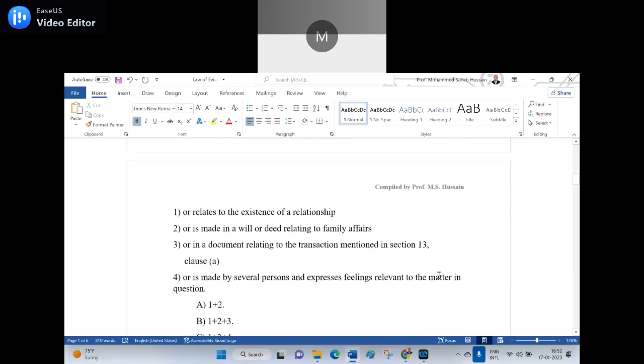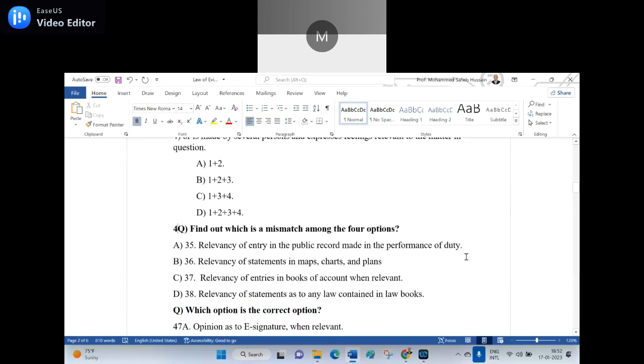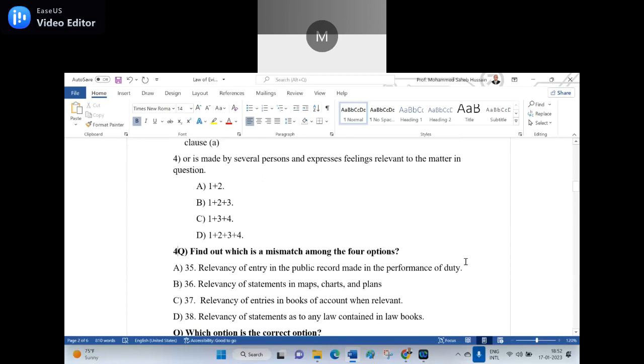That is the fourth question. Find out which is a mismatch among the four options. A. Section 35. Relevancy of entry in public record made in the performance of duty. B. Section 36. Relevancy of statement in maps, charts, and plans.